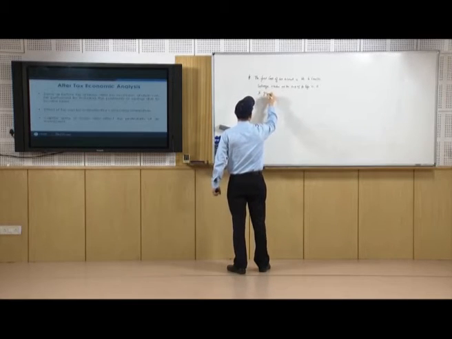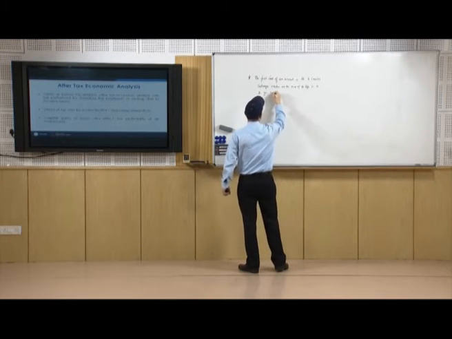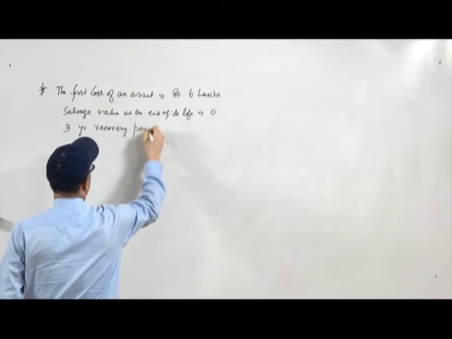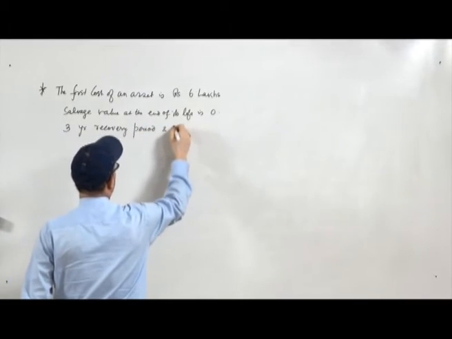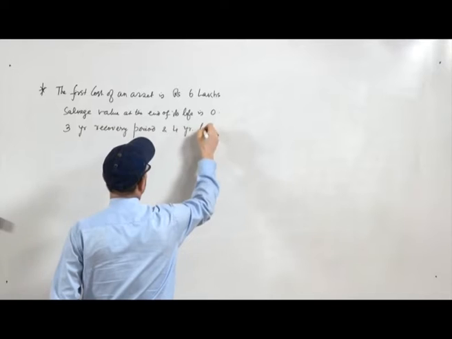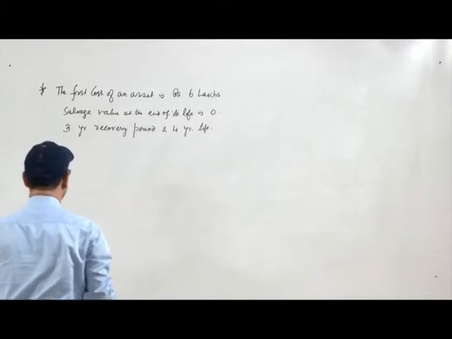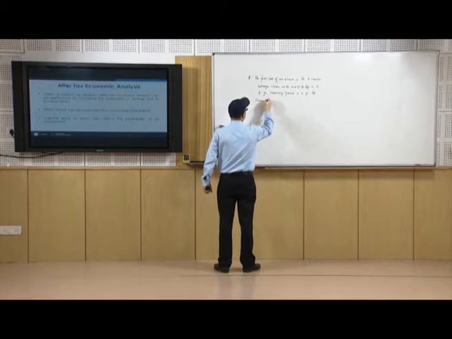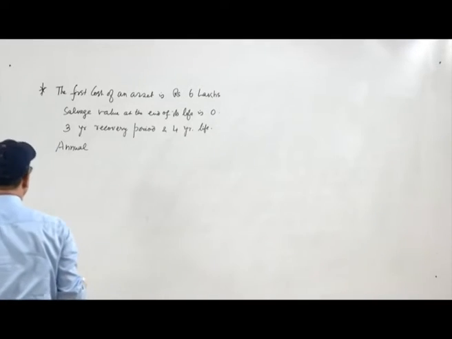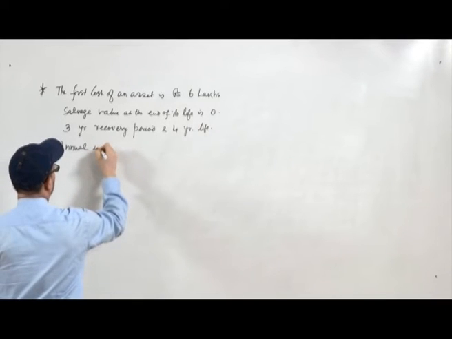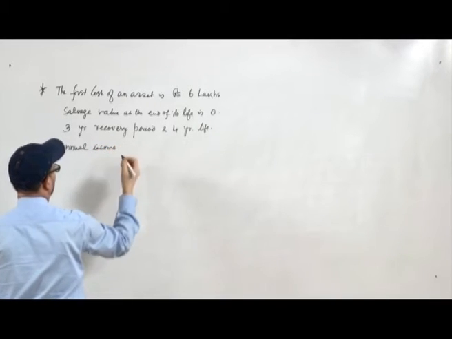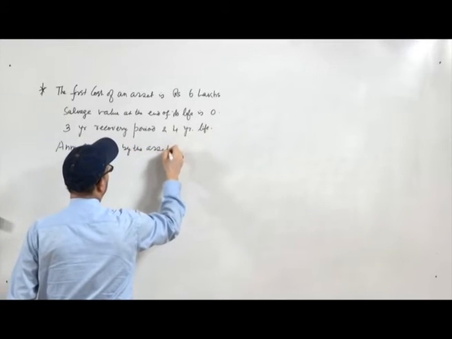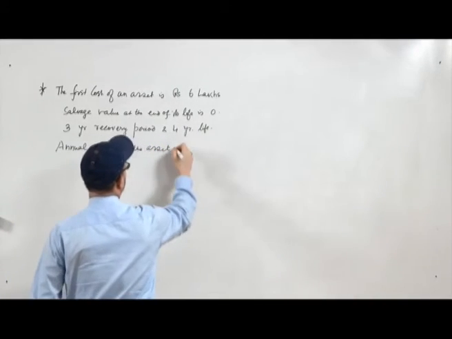There is a 3-year recovery period and a 4-year life. The annual income which the asset is supposed to give is rupees 3 lakhs.